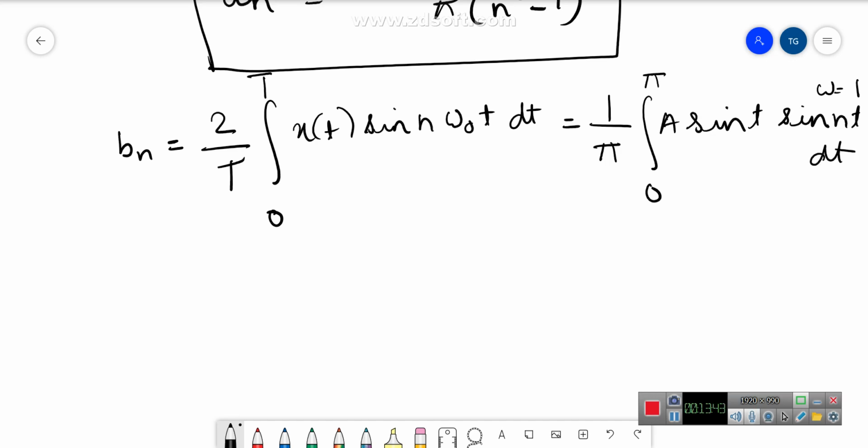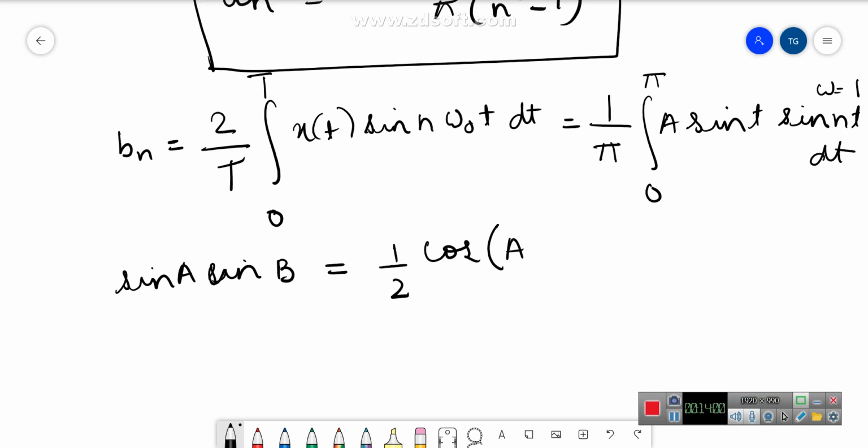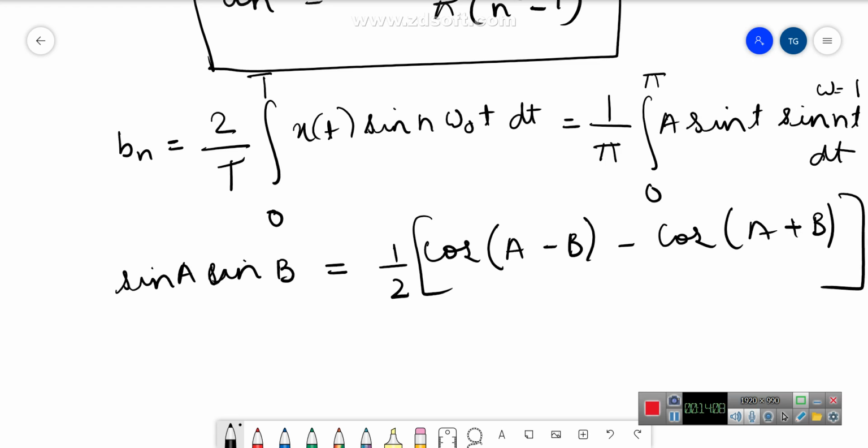So we know the sine a sine b value is equal to 1 by 2 into cos a minus b minus cos a plus b. So just substitute it over here.